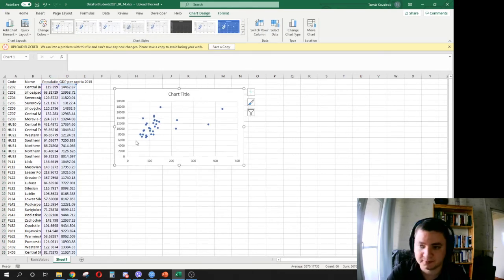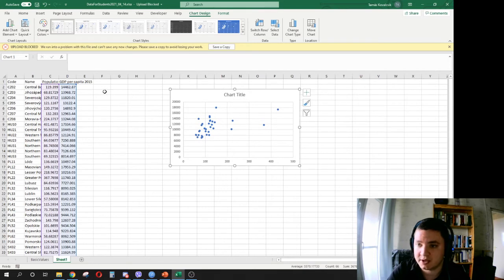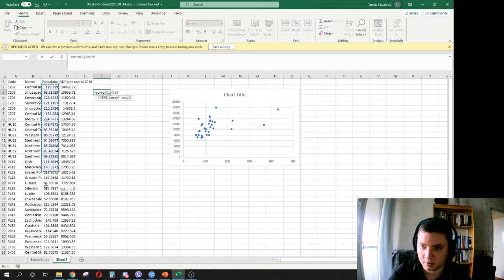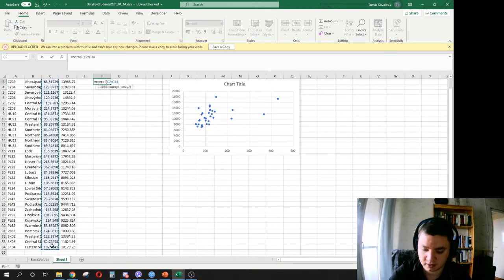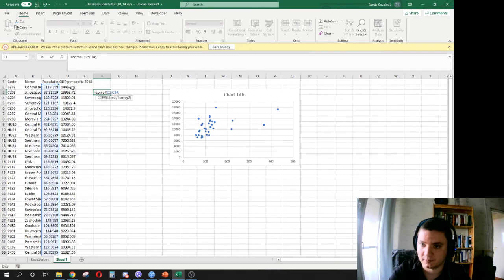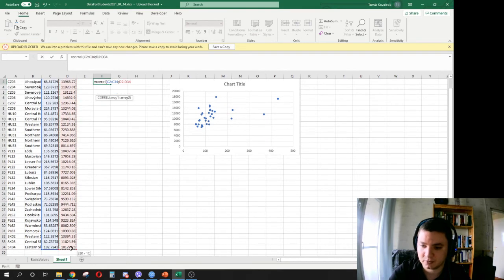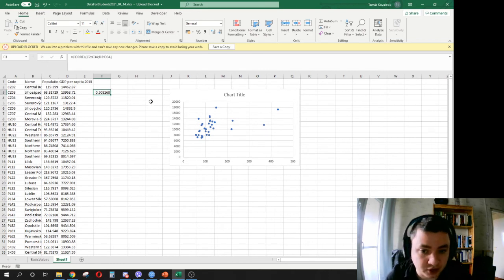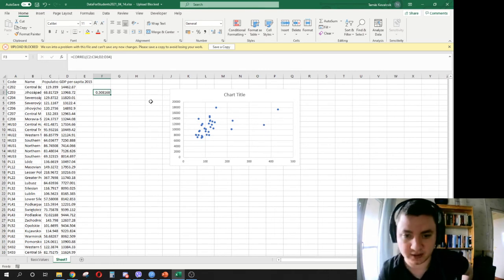Okay, we have a moderate positive correlation, but calculate the number of the correlation between the population density and GDP per capita, so economic performance. We have a moderate correlation between them.